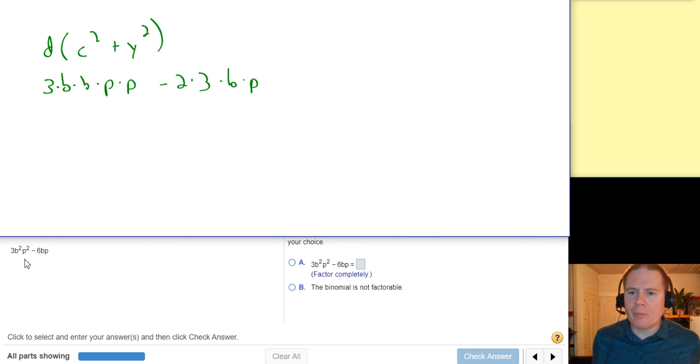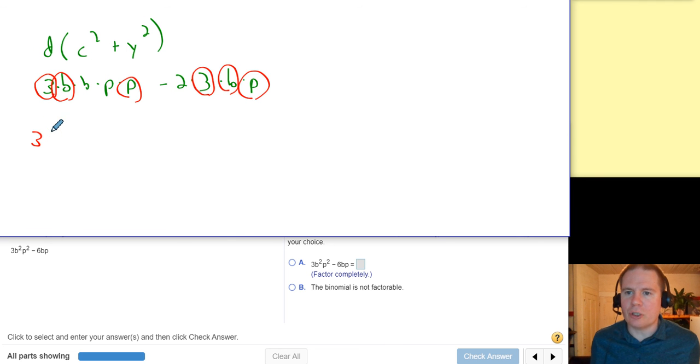When it's not so obvious what the common factor is and what's left, I'll often write the prime factorization out here, because then I can just circle, maybe, the 3 that they have in common, a b that they have in common, a p that they have in common, and that's all they have in common.